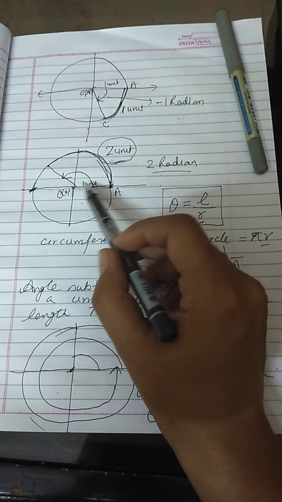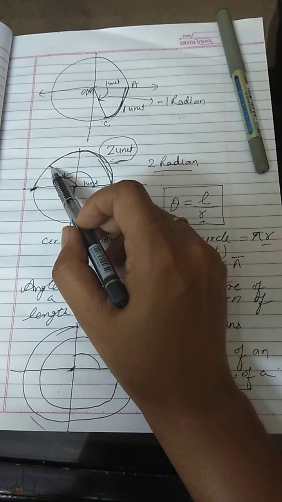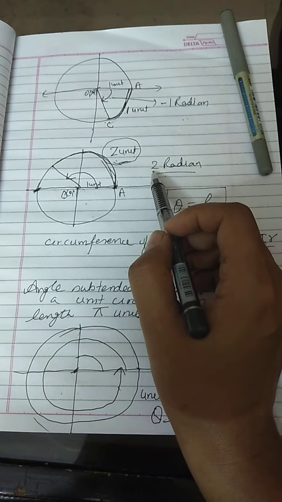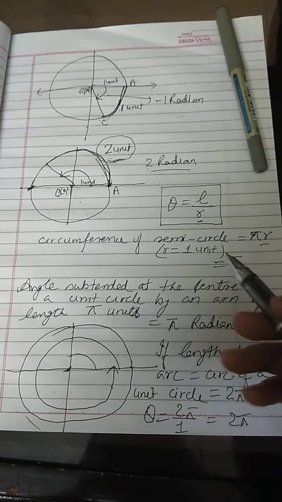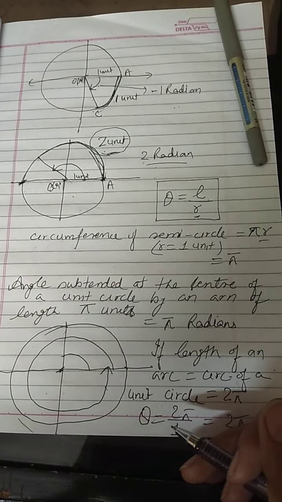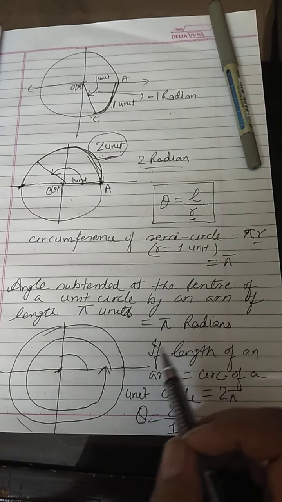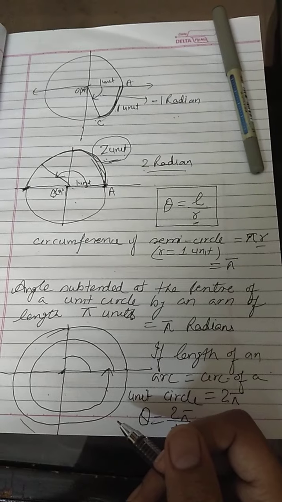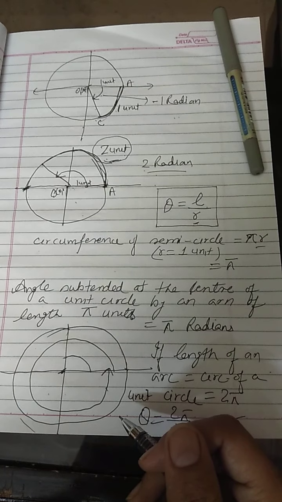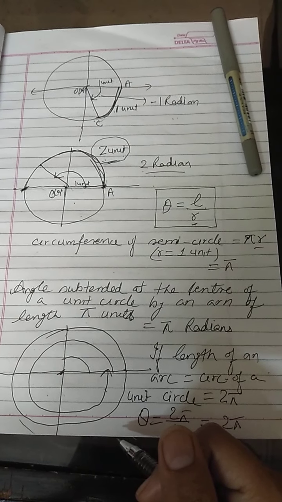By an arc of length 2 units, it is 2 radians. And as I keep on increasing the length of the arc, finally for an arc of length 2 pi, that is the circumference of the circle, it will be 2 pi radians.